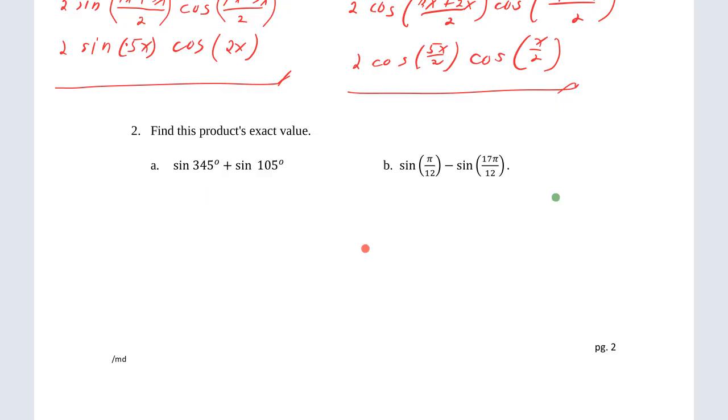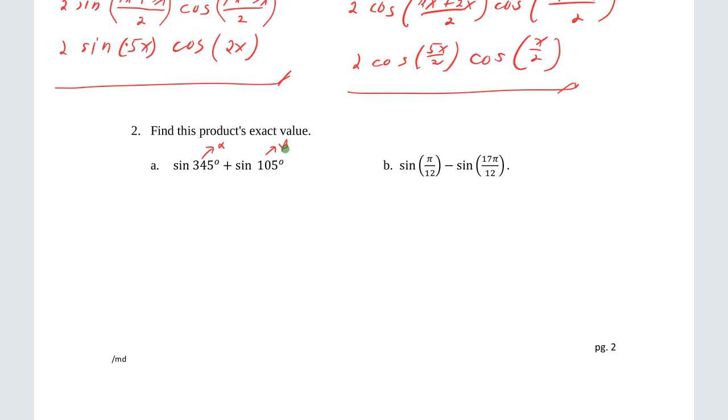So for the next example, we are going to find the exact value of the product. For example, we have here sine 345 degrees plus sine 105 degrees. Same thing: I am going to treat 345 degrees as angle alpha, and 105 degrees as angle beta.